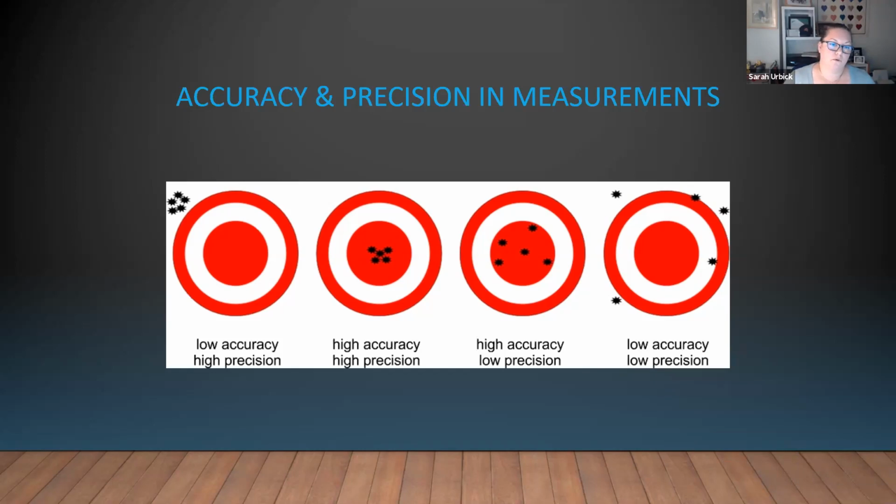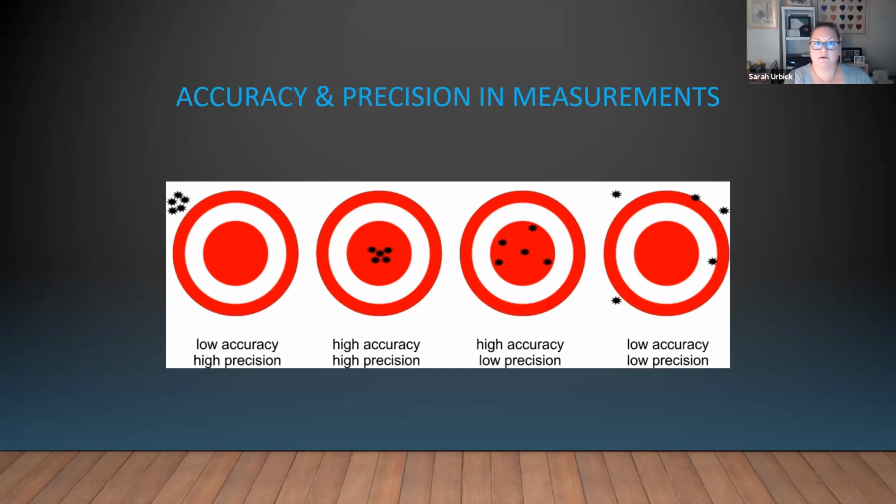So, which one do you want to be? I'm gonna be B. Both. We want that accuracy. We want to hit exactly where we are intending. And that precision, we want to hit the same place every time. Okay. Accuracy means we are on target. We're close to the right answer.